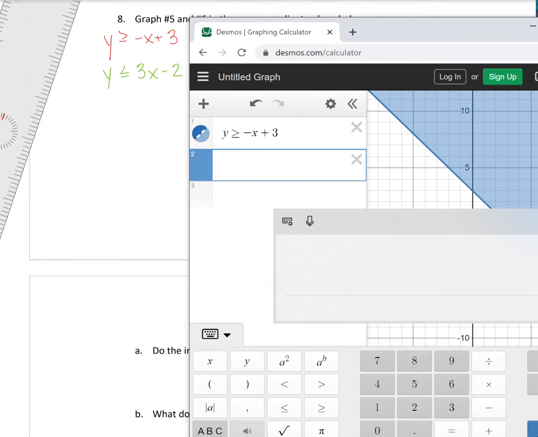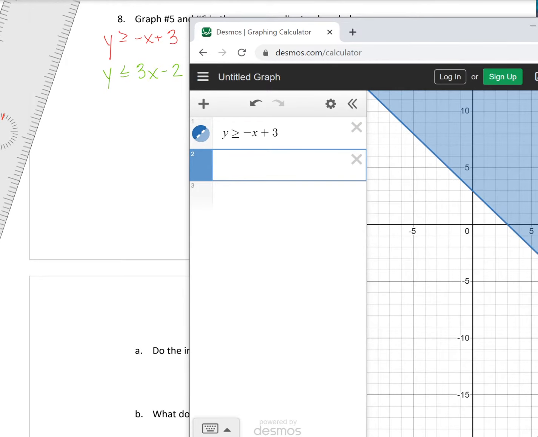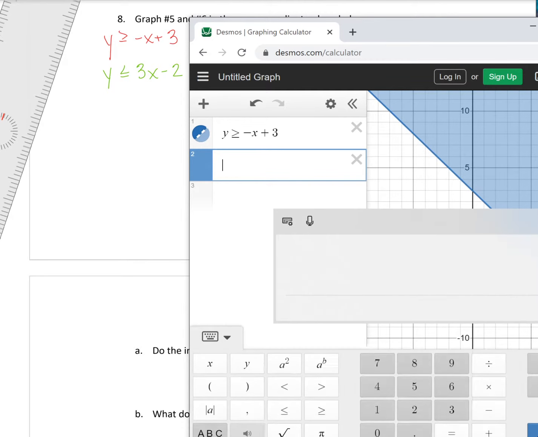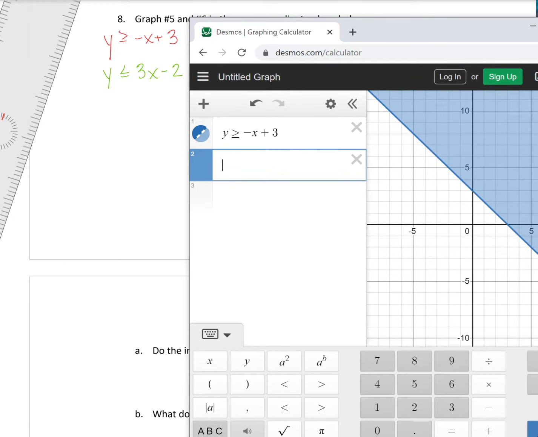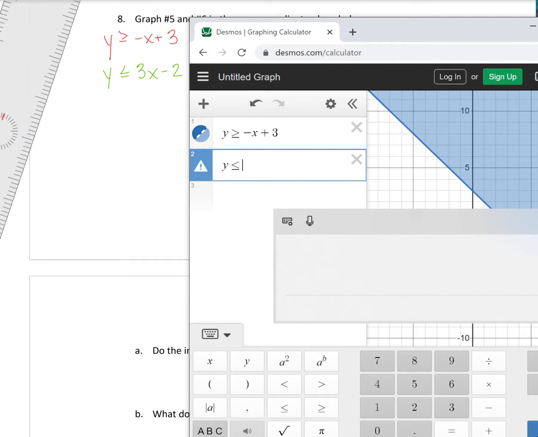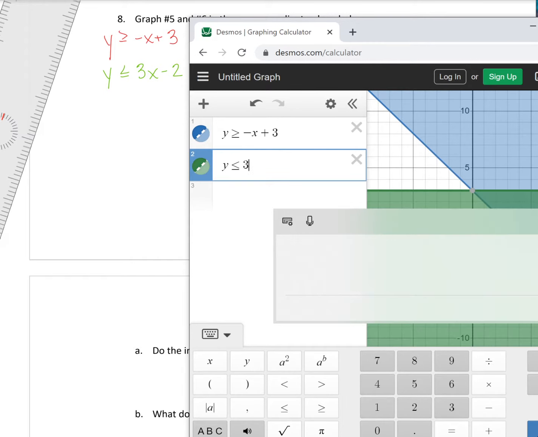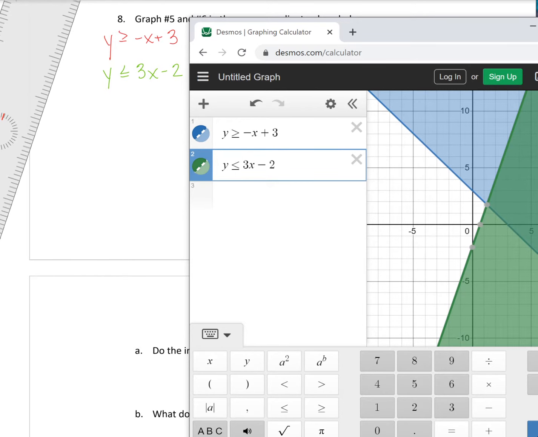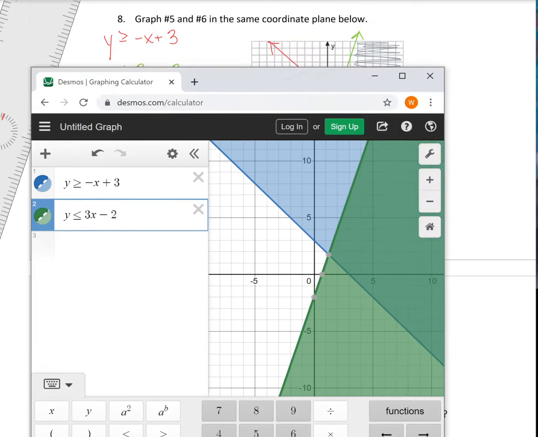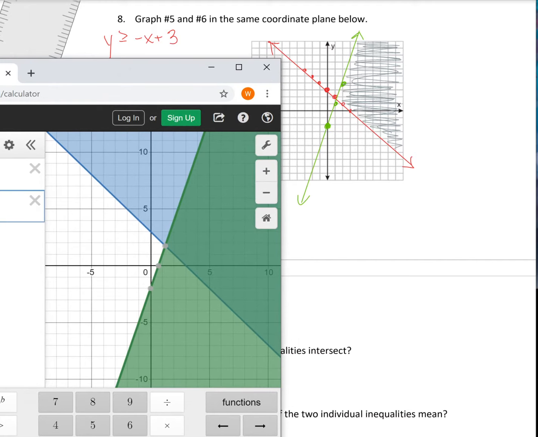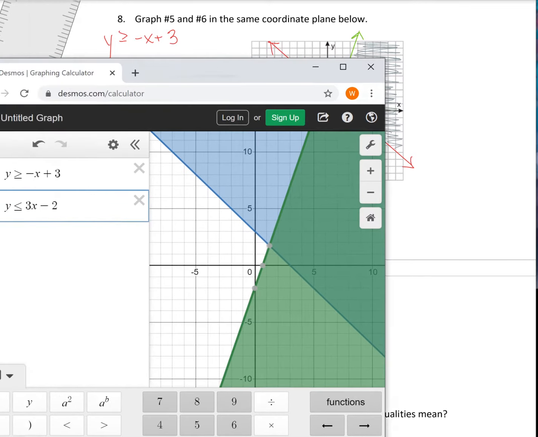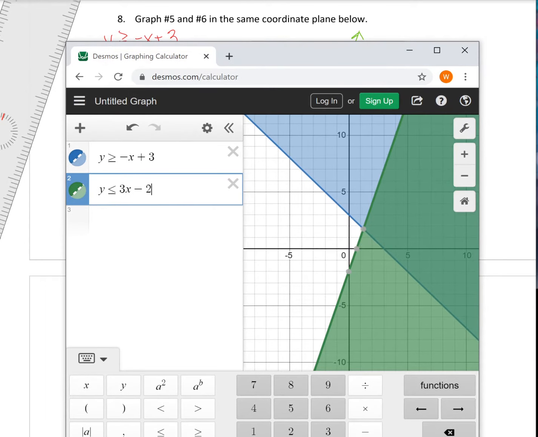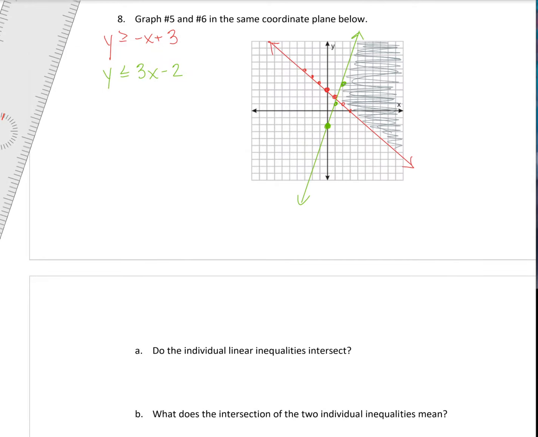Now for equation 2, we're going to put in y less than or equal to 3x minus 2. All right, take a look at it. Compare it to the one that we did and see, do they overlap? Well, that's the shaded area exactly like we got. So remember, Desmos.com is a great resource. Please use it.